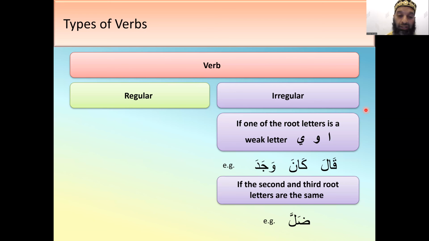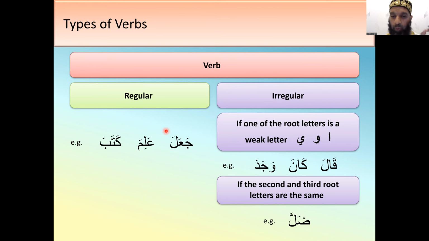How can you tell if a verb is regular? How can you tell if a verb is not weak and it's just regular? Exactly. Because it doesn't fall into any of these categories. Everything else. And the majority of verbs are regular. Right? So we did this about 2 weeks ago, yeah? Same slide.